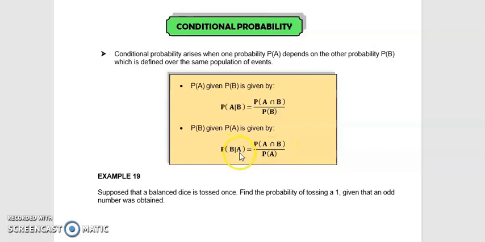Now the condition is A, so the probability of A intersect B divided by the probability of A. This means that in order for B to occur, A needs to occur first. Remember, the denominator will be the condition. In the first one the condition is B, so we divide by the probability of B. In this one the condition is A, so we divide by the probability of A. Note that the probability of A intersect B is also equivalent to the probability of B intersect A, so if you write A intersect B or B intersect A, it is the same thing.